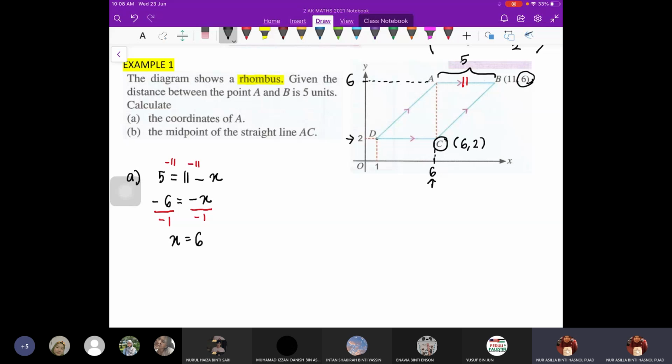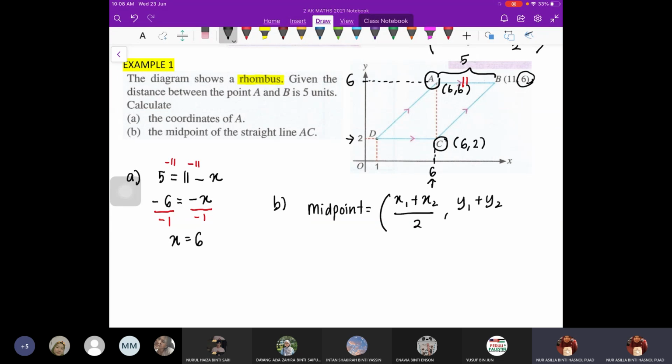So you can just use coordinate A, which is 6 and 6, and C 6, 2 untuk find midpoint. So jadi B, midpoint, formula is x1 plus x2 divided by 2, y1 plus y2 divided by 2. So please label first which one is your x1, y1, x2, y2.